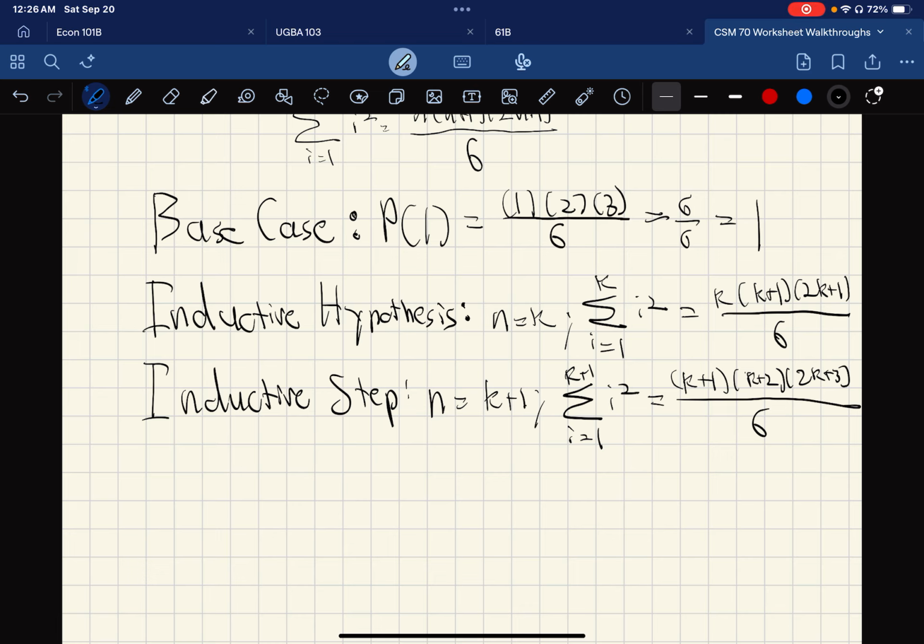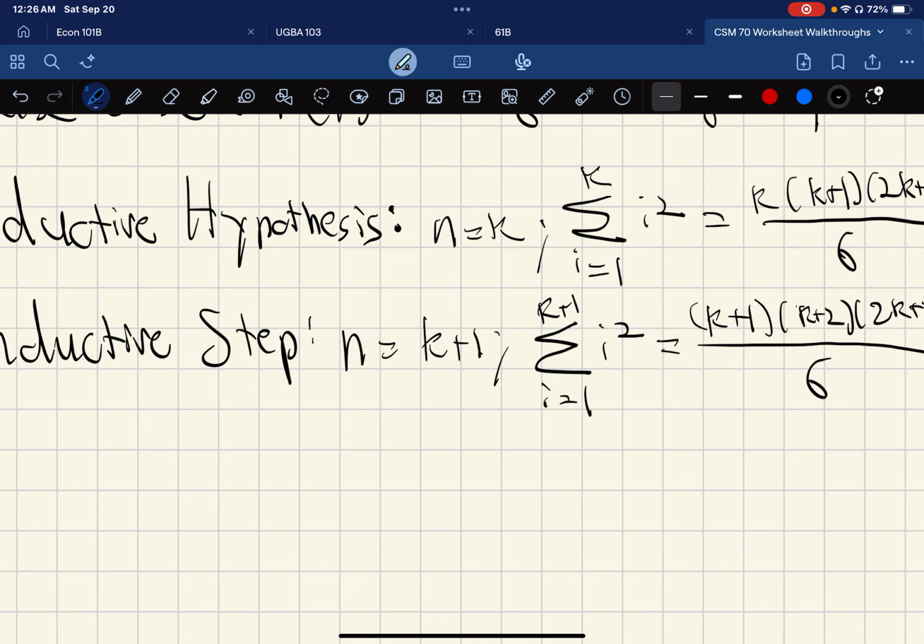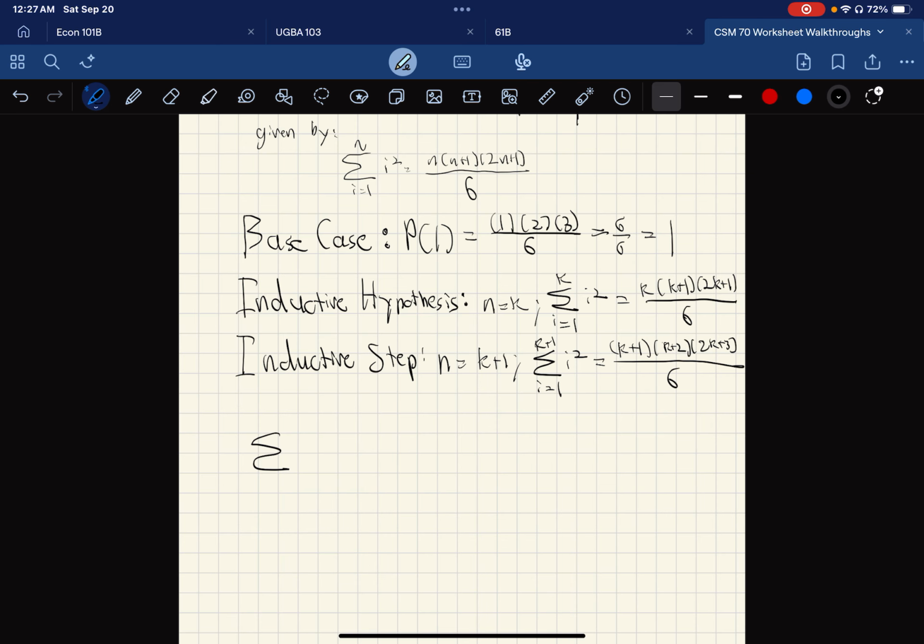We realize that the sum of squares from the first number to the k plus 1th number can be split up into the sum from the first number up to the kth number, plus the k plus 1th number squared.